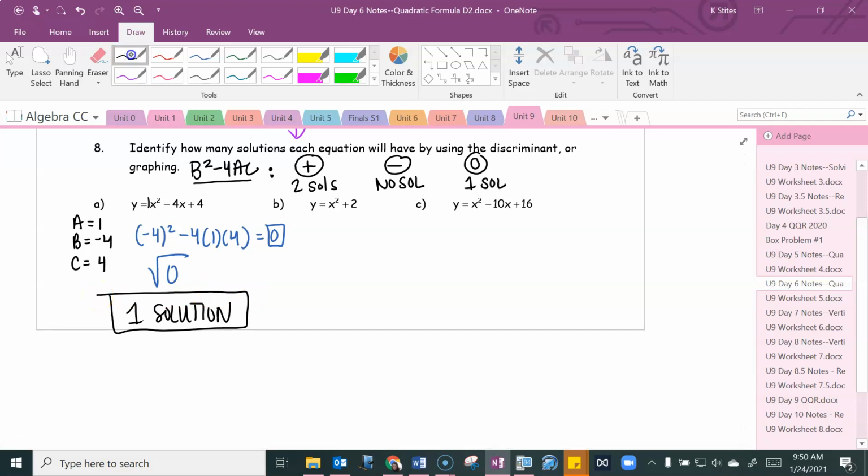Okay, let's try it again. Letter B, well, our A value is just 1. Our B value, notice how there isn't an X at all. That means our B value is 0, and our C value is the number that's 2. All right, we have B squared minus 4AC.